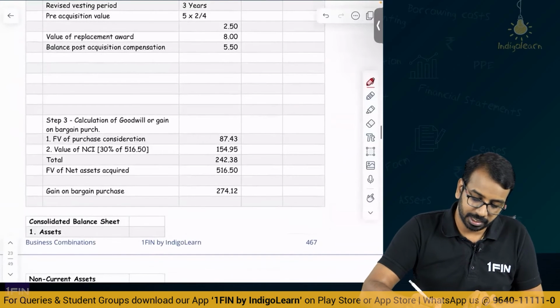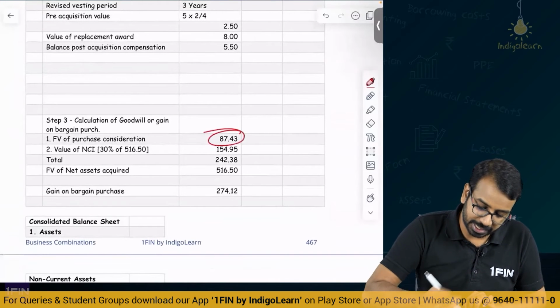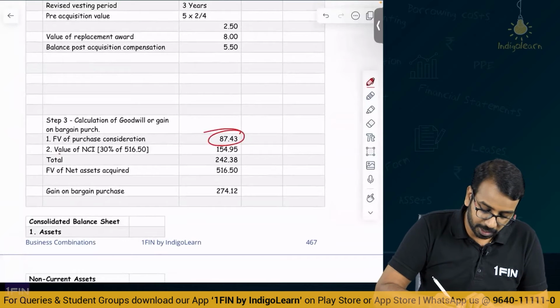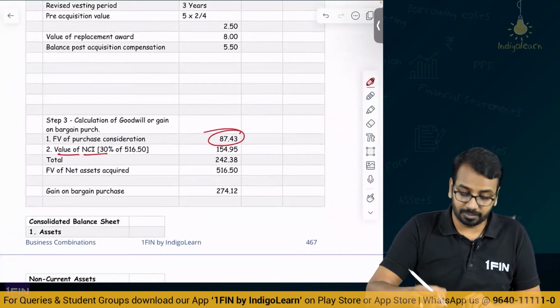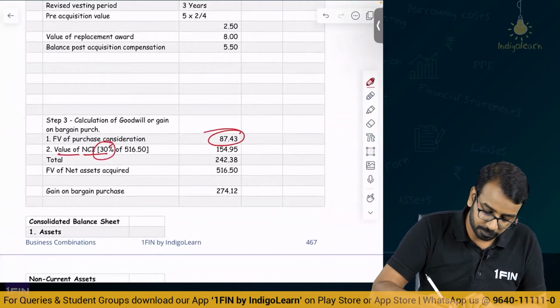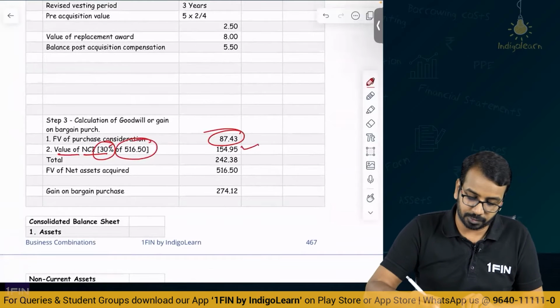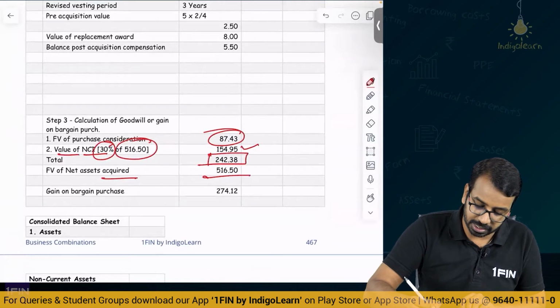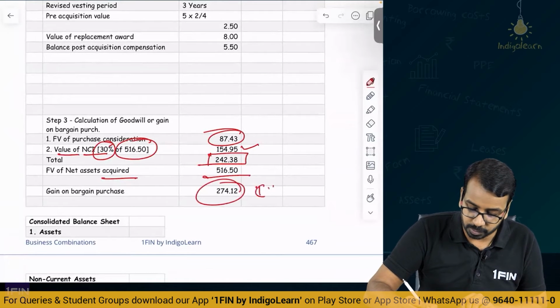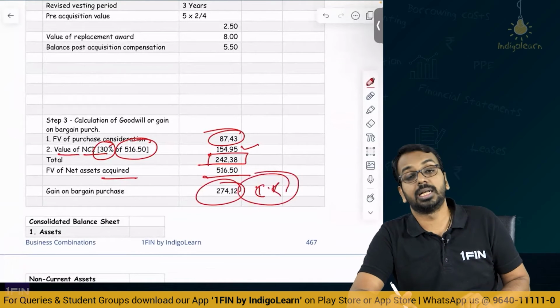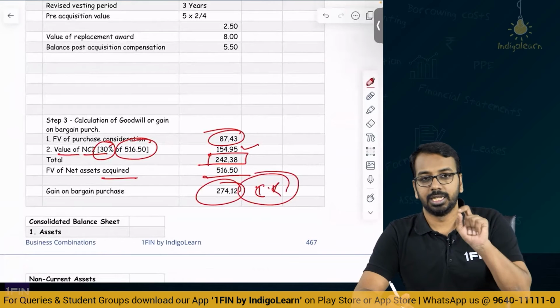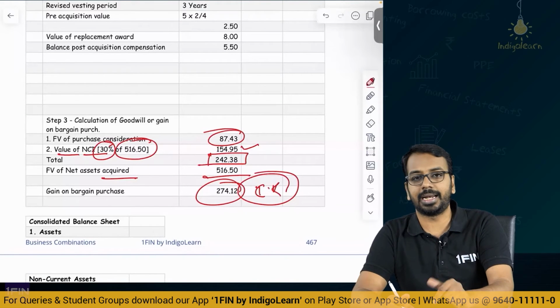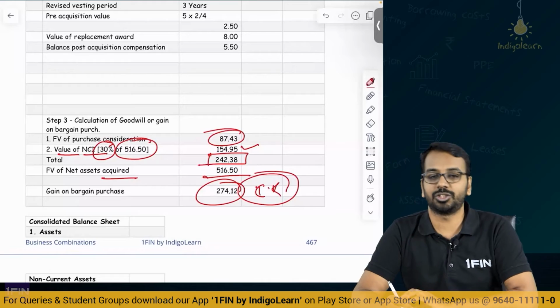So when calculating, your purchase consideration is 87.43 that you have paid. Value of NCI, they have not given fair value, so we will take proportionate of 516.5, we get 154, this becomes my total, and fair value of net asset is 516, the difference 274 becomes my capital reserve or gain on bargain purchase, right? So till here, if you do it correctly, preparing consolidated balance sheet is not a problem.